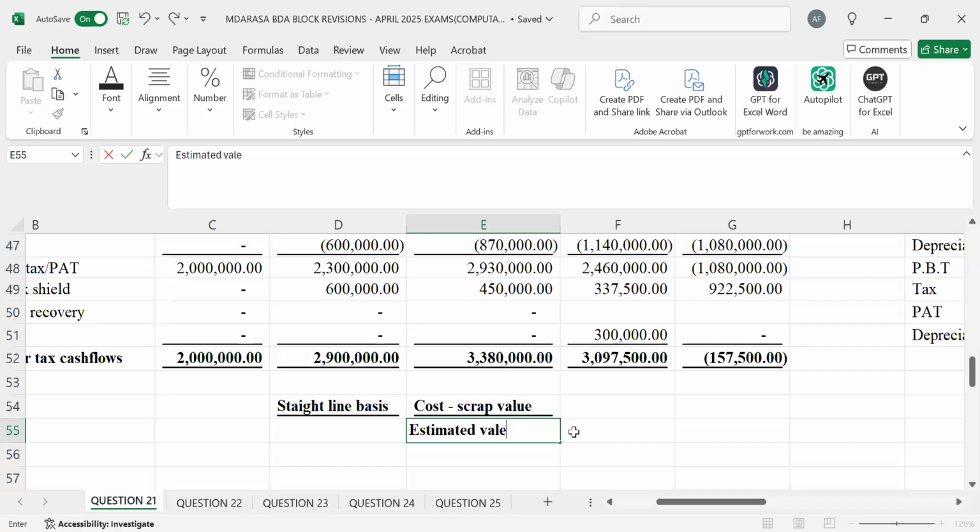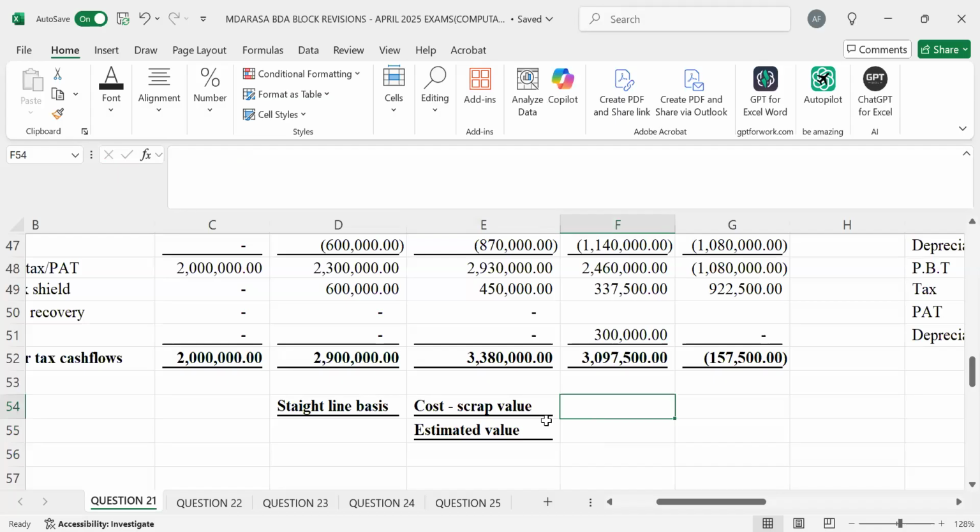Yes, right? So that our straight line basis depreciation will be charged at the same, or say constant, amount all through. The reason why you need to determine that for these 4 years, what would be the book value of this asset? That's why we normally deduct scrap value as at the beginning.